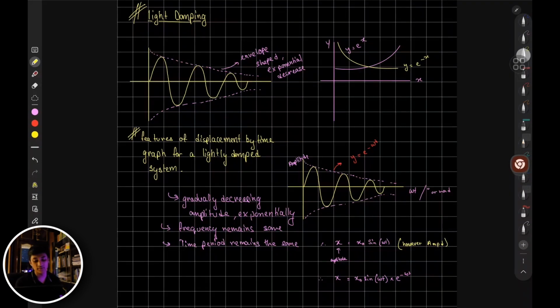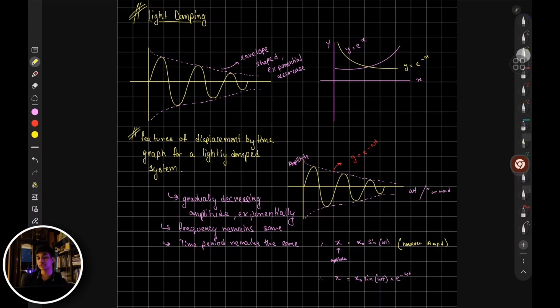One of the features of the displacement by time graph for a lightly damped system is that it's going to be a gradually, exponentially decreasing amplitude, called an envelope shaped exponential decrease. So the first property is the amplitude decreases gradually and exponentially.